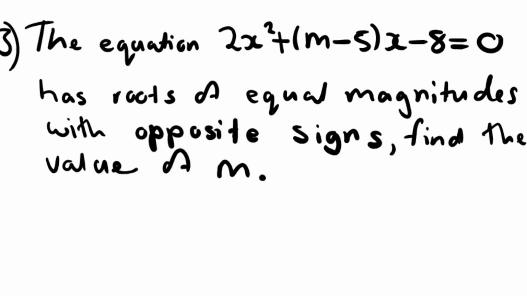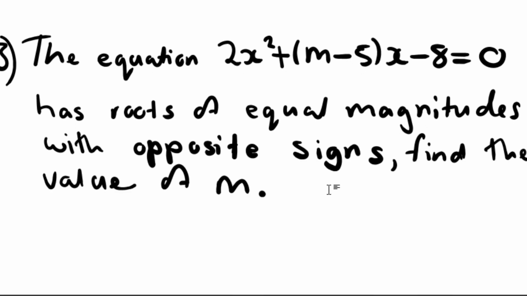Remember, when you sketch a quadratic equation as a graph, you will find a parabola that looks like this. In this case, our parabola will touch at minus 8, and it must have a positive a, so it must be concave up like this.